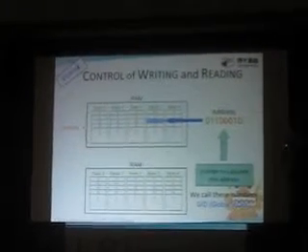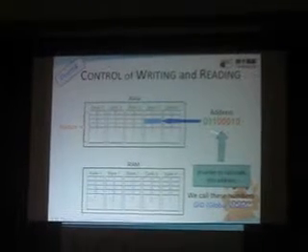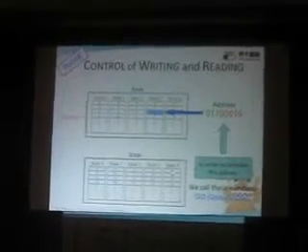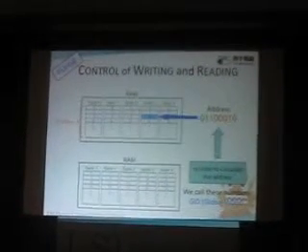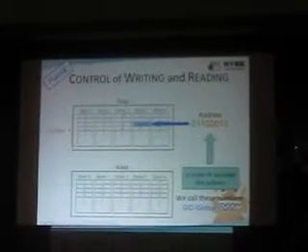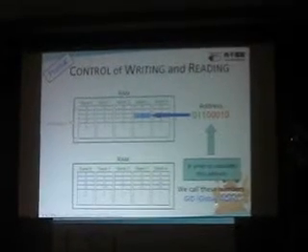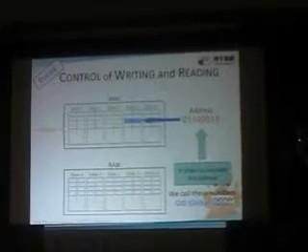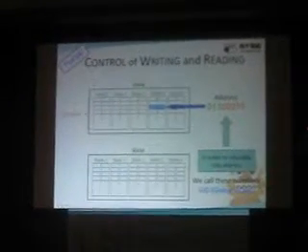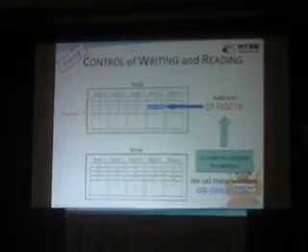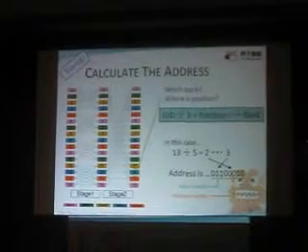Next, in order to calculate this address, we define these numbers 0, 1, 2, 3, 4, 5, 6, 7. We call these numbers GID, which means global index. In the next slide, in order to calculate this address, we use GID. Okay. Next slide.